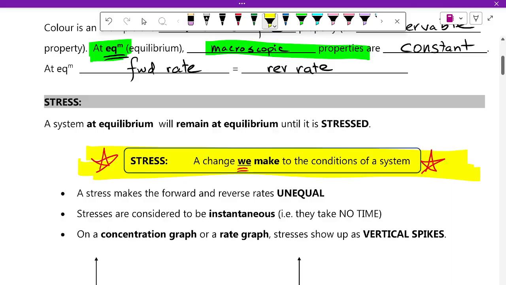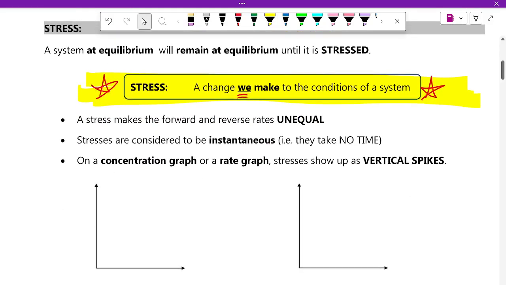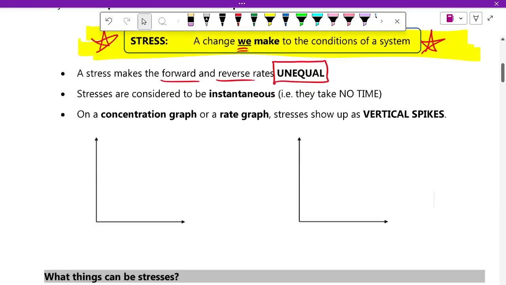The stress will make the forward and reverse rates unequal. For the purposes of graphing, stresses are considered to be instantaneous. In other words, they take no time. And if something takes no time on a graph, it shows up as a vertical spike.